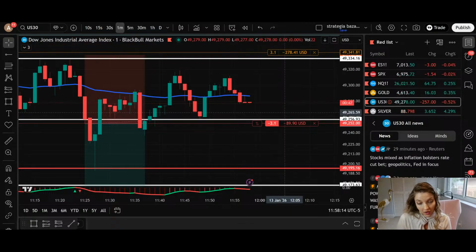If you still feel confident in a trade, leave it. I personally don't really feel confident.